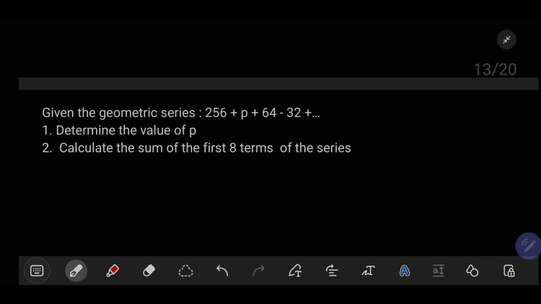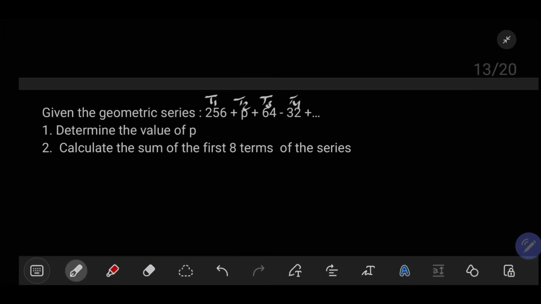Notice that this is term number 1, term number 2, term number 3, term number 4.